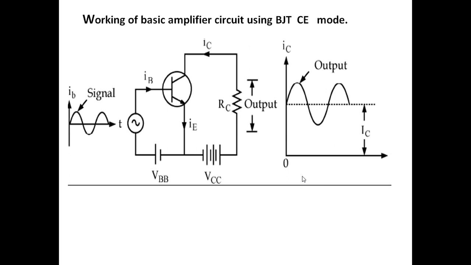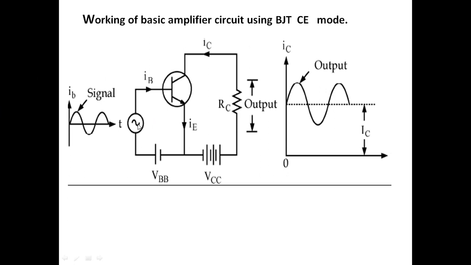In this circuit, this is the VS input signal, a sinusoidal signal. By applying this VS, the current IB flows. This sinusoidal signal is generated by applying VS, the voltage signal at the source.